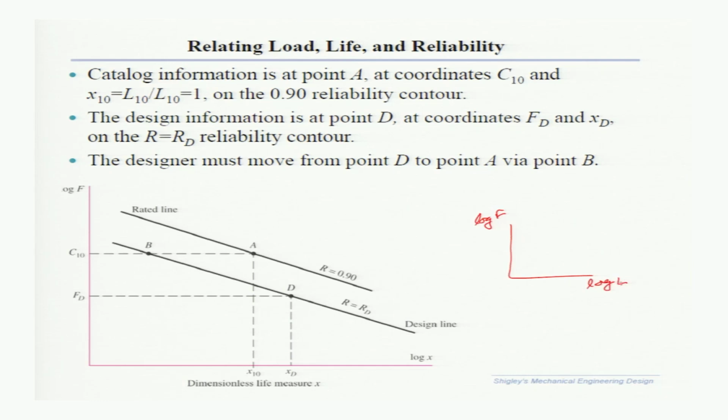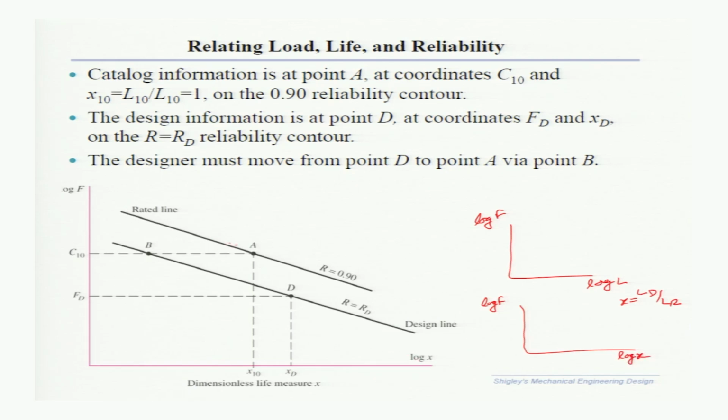Now, this is converted into a dimensionless number x, where x is given by LD divided by LR, and so we have a graph of log of F versus log of x, which is given here.